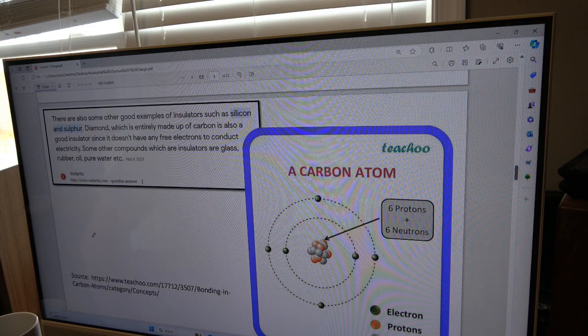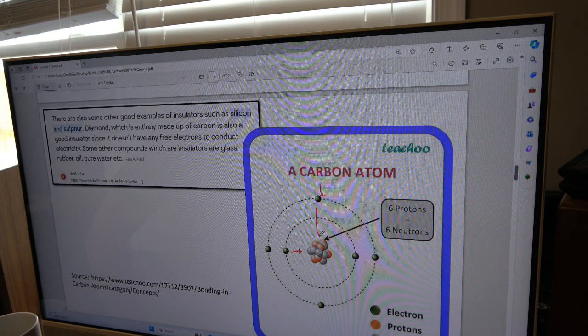Rubber. Okay. And an example is a carbon atom. I'm showing you a carbon atom right here. A carbon atom has 6 protons and 6 neutrons and 6 electrons. And these electrons, there are only 2 shells, or 2 orbits, right here. They're really close to home. Remember, distance matters in terms of force.